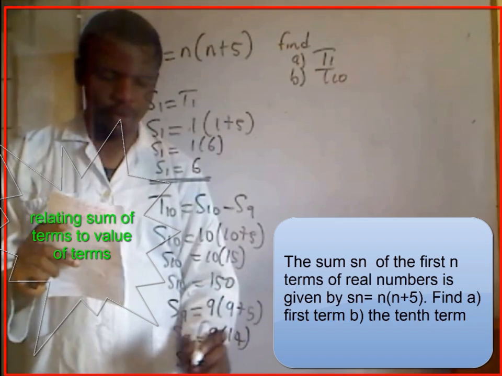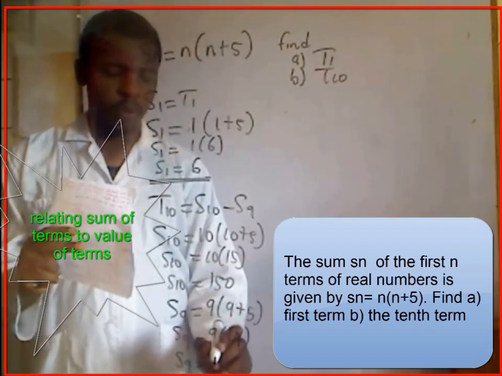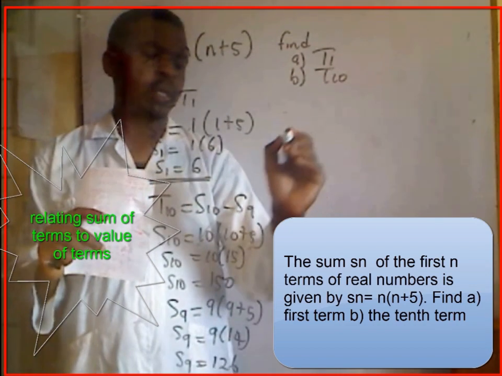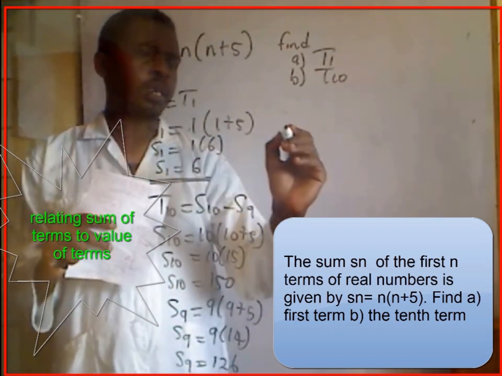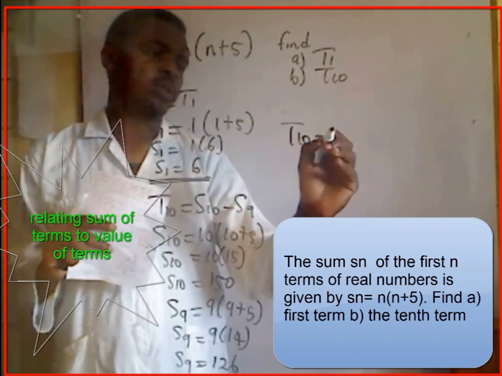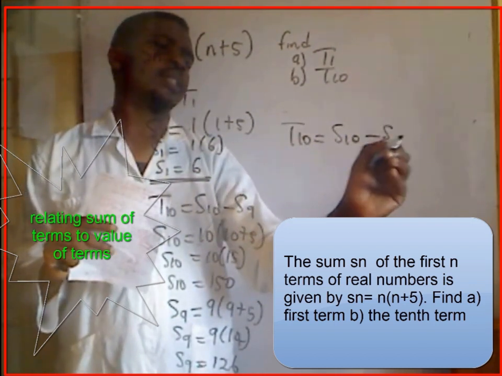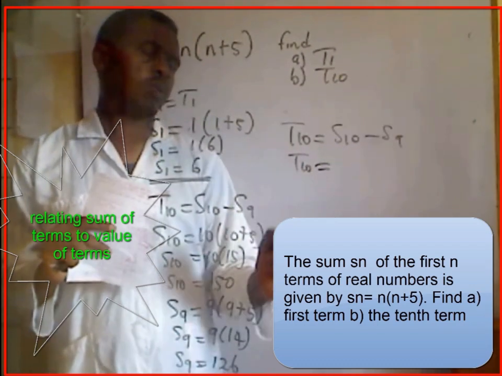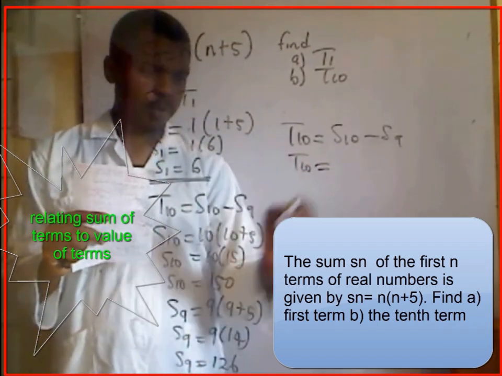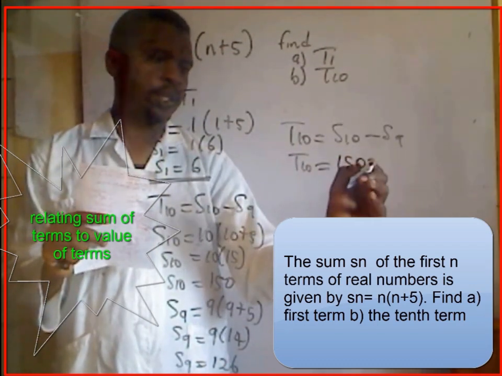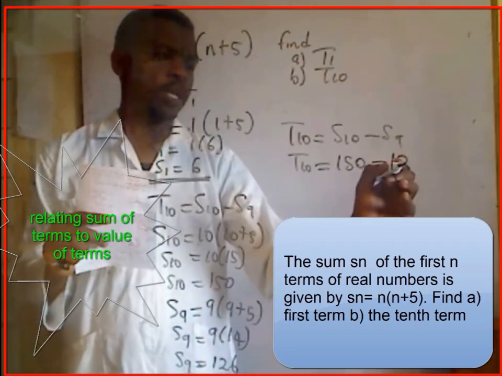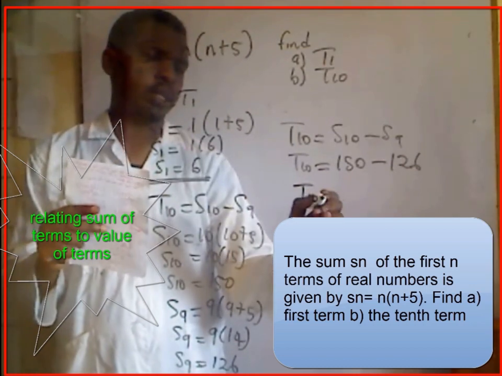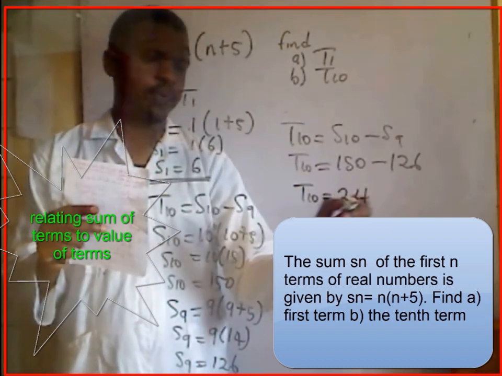S9 is equal to 126. I come back to this statement. T10 is equal to S10 minus S9. T10 is equal to 150 minus 126. T10 is equal to 24.